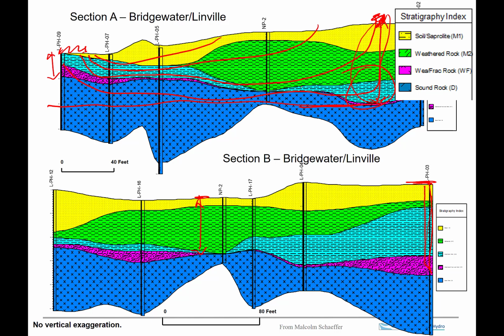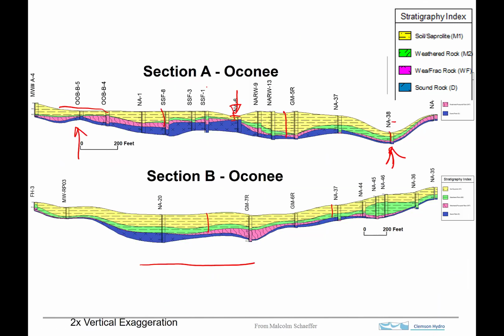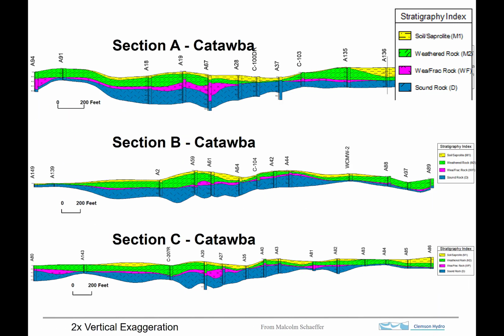But you could also imagine that the rock type is highly variable along this flow path, and the resistance to weathering may be quite variable, and that would cause a good bit of variation in the depth of weathering. So probably hard to generalize. Here are some additional examples from the Catawba site about the variation in the thickness of the weathering.